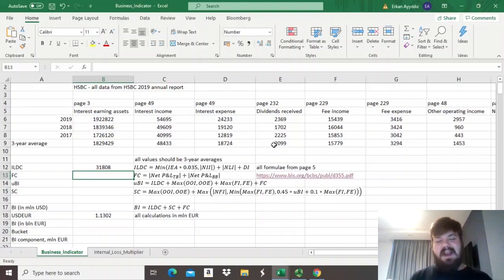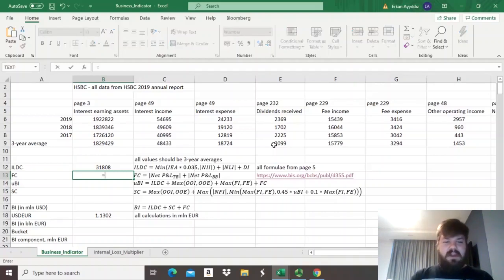So that's why you take the absolute value and sum them together, so that the losses do not compensate for each other, but rather add up on top of the profits to reflect the size of the bank, not necessarily the profit margin of the bank, basically.